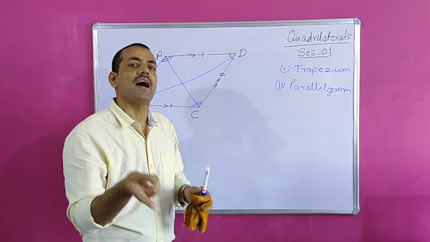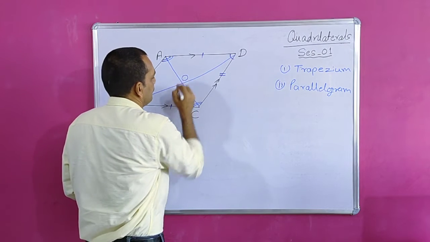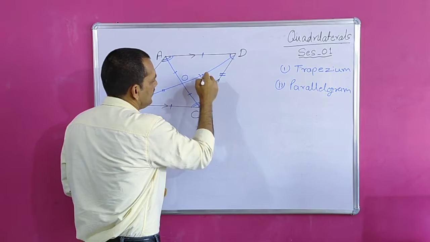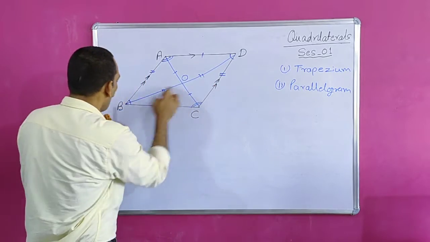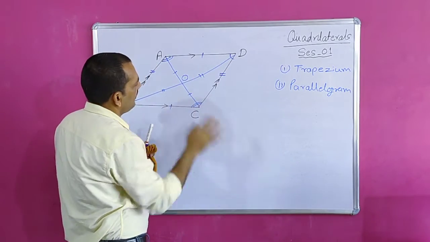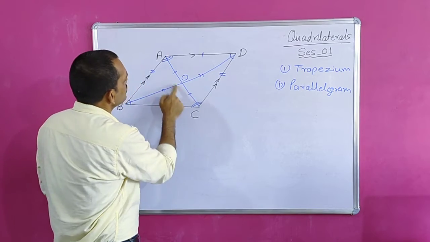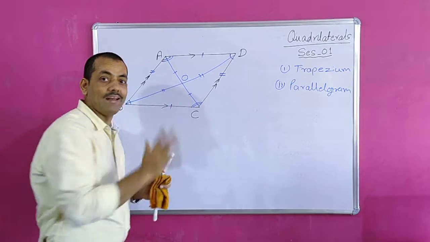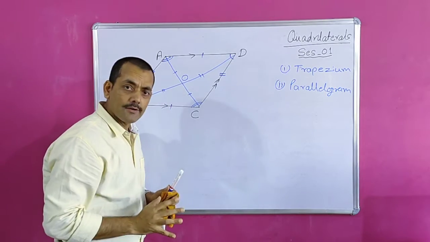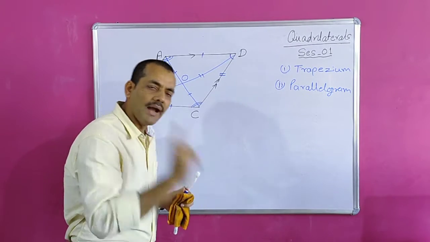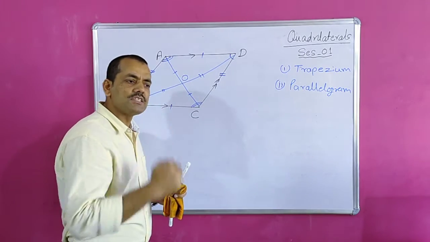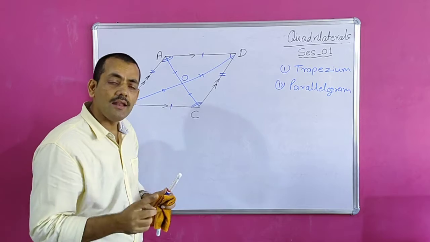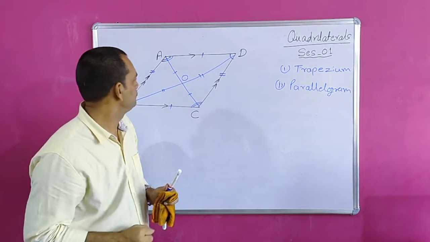They intersect, but at the same time, they bisect. Bisect means these two are the same and these two are the same. Means OB and OD are equal, OC and OA are equal. So, this is a parallelogram. In case of a parallelogram, diagonals bisect each other, opposite sides are parallel and equal, and opposite angles are equal.